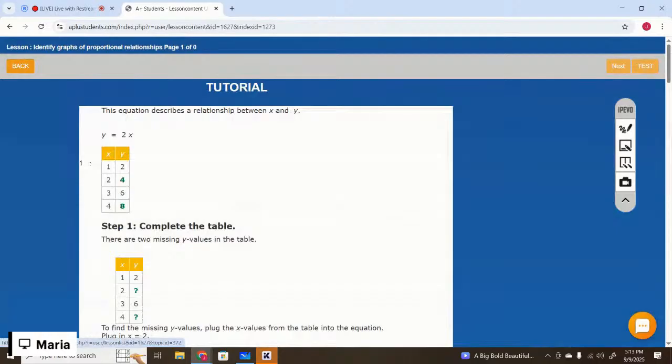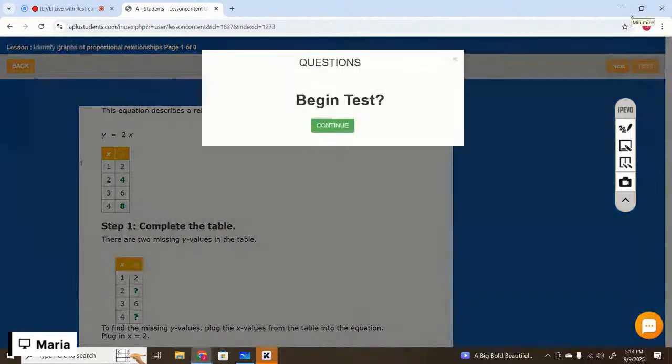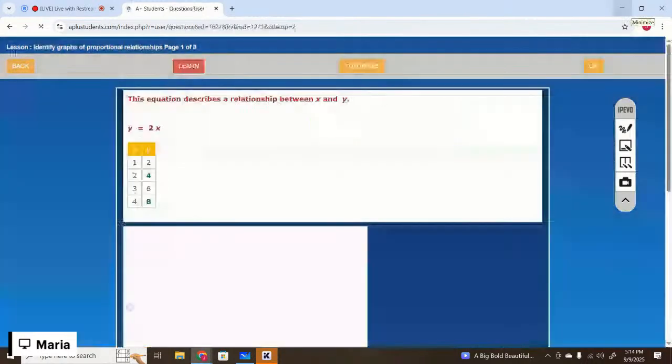The equation describes a relationship between x and y. We need to use the equation y equals 2x. Some of the values are missing actually. Okay, let's just start with the test questions.